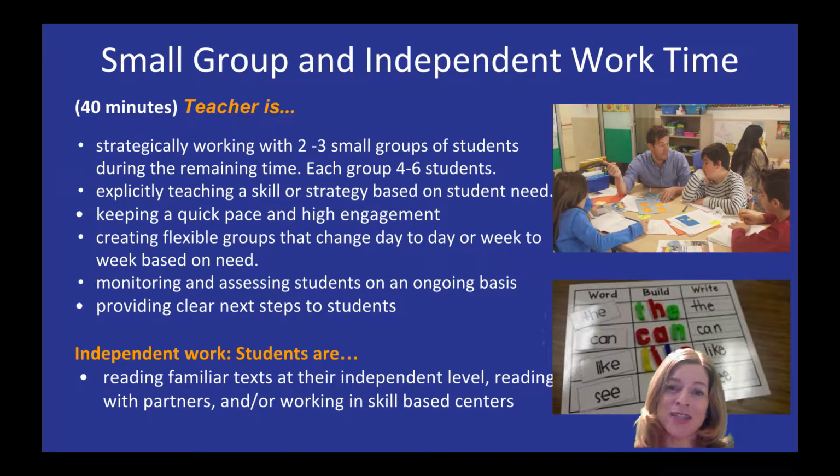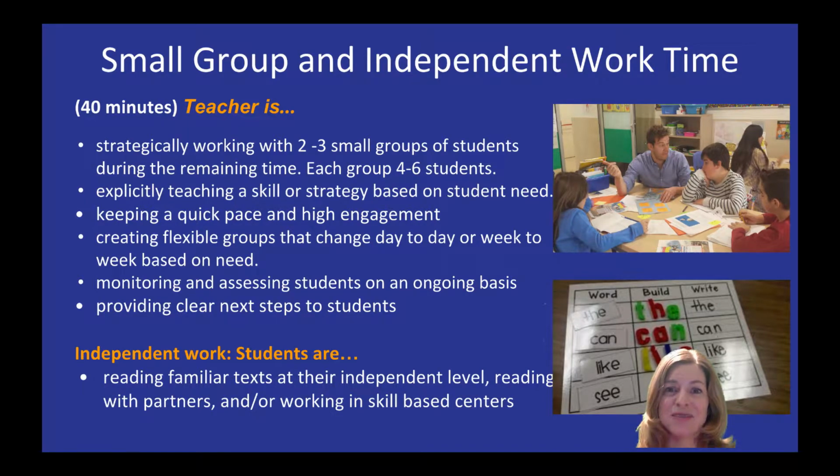But the only way that that's going to be effective is if kids are practicing at their independent level. So they are working with familiar texts that they've seen, at their level, that they can access. There's predictable text for kids who need that predictability to read the text. They're working with reading partners that are strategic partners so that kids can work and prompt one another.